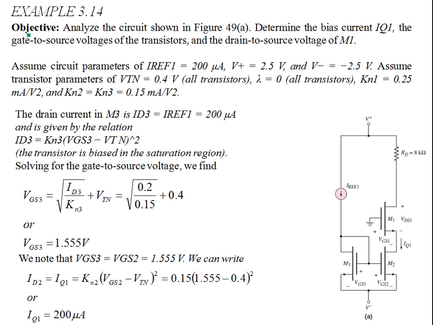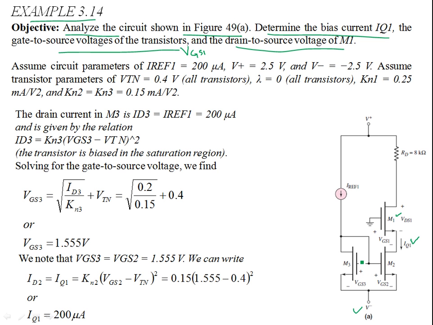You see this in example 3.14 from your course text, and the objective is to analyze the circuit of 49A over here. Determine the bias current IQ1, which is the drain current of the transistor M1, the gate source voltage of the transistor VGS1, and the drain source voltage VDS1 of M1.